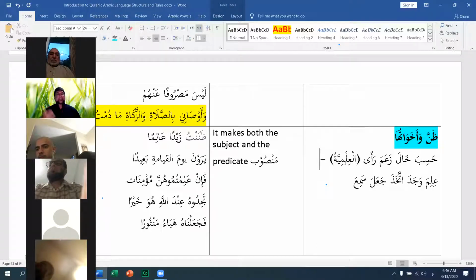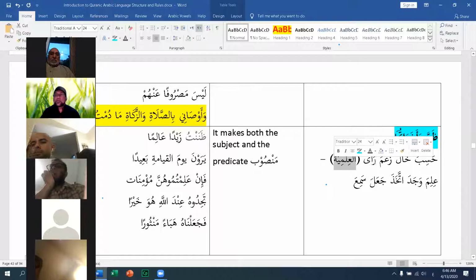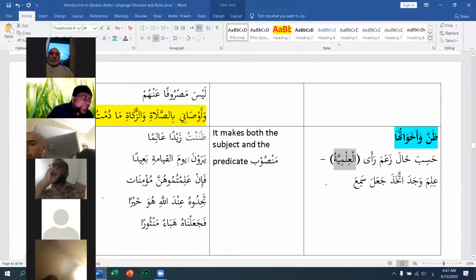You say, I see that. Now, you're not even seeing the person, they're on the phone and you're hearing them. But what you mean is, I know. So here, ra'a means seeing, that means knowing. Al-ilmiya means to know. رَأَيْتُ يَوْمَ الْقِيَامَةِ بَعِيدًا. I saw the day of judgment as being far. يَرَوْنَ يَوْمَ الْقِيَامَةِ بَعِيدًا. They see the day of judgment as being far.